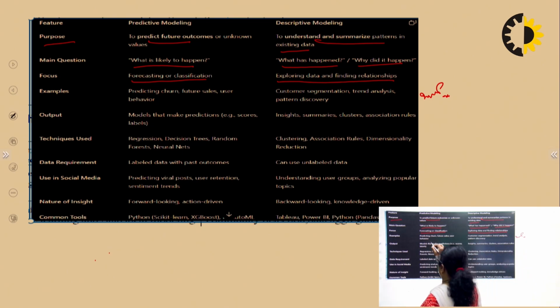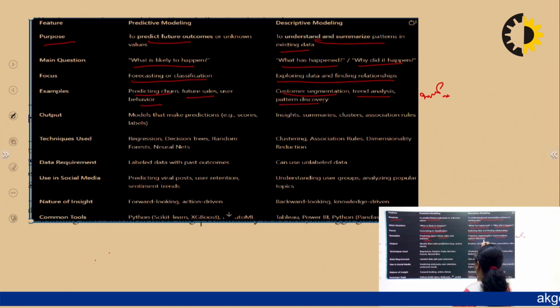Predictive modeling examples are predicting churn, future sales, and user behavior, and descriptive modeling examples are customer segmentation, trend analysis, and pattern discovery. If we look at the output, predictive modeling gives models that make predictions, and descriptive modeling gives insights, summaries, clusters, and association rules.